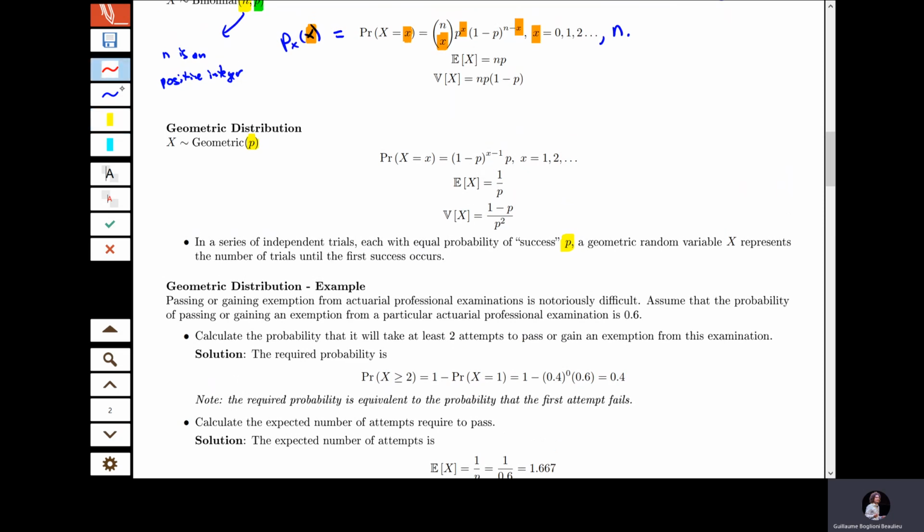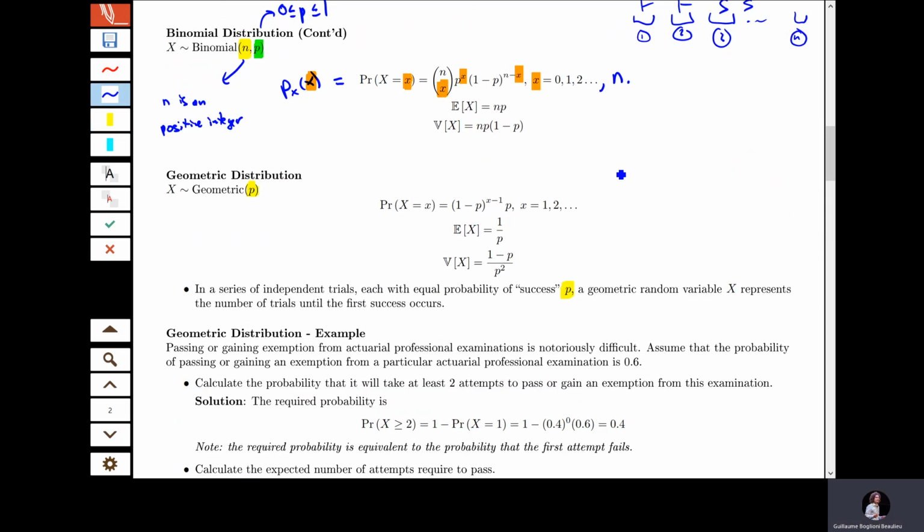So schematically, you could again picture some trials. This is the first trial, second trial, etc. The geometric just counts how many trials are necessary to get the first success. So if I first get a failure, then a failure, then a success, this means that my geometric would be equal to 3 because you needed 3 trials. But if you obtain a success at the first trial, then your geometric would just be 1.